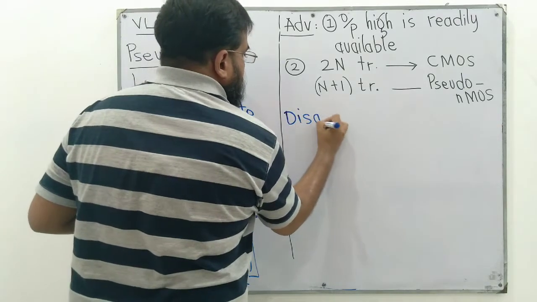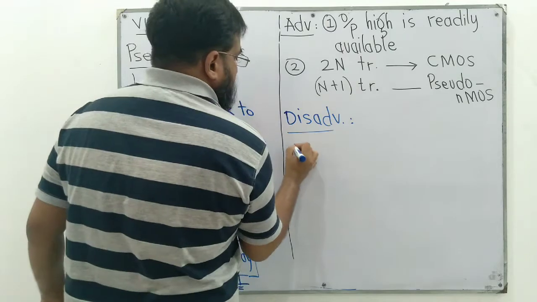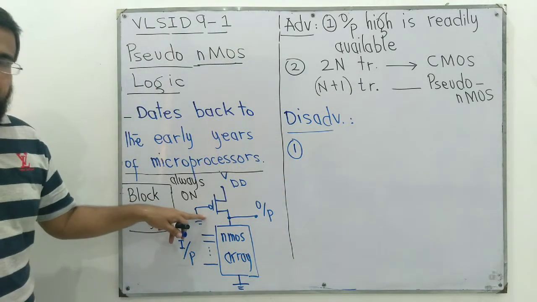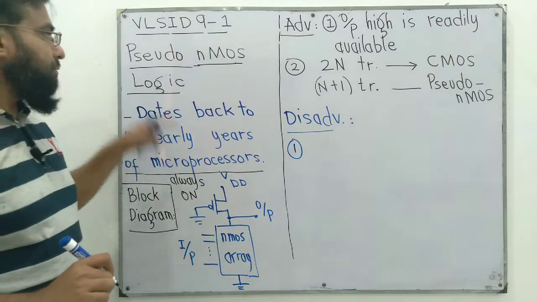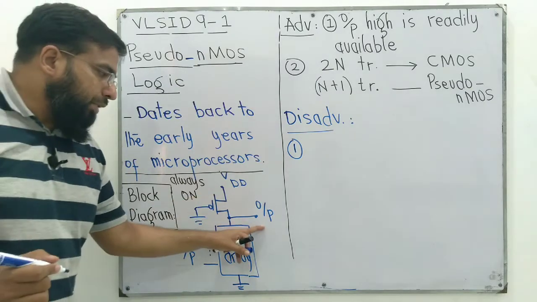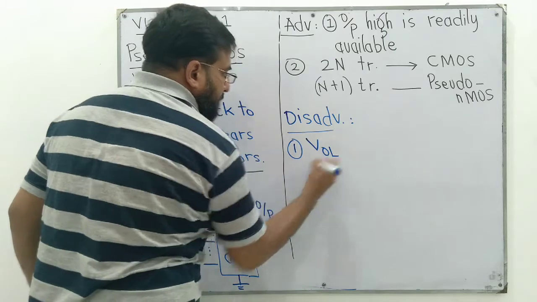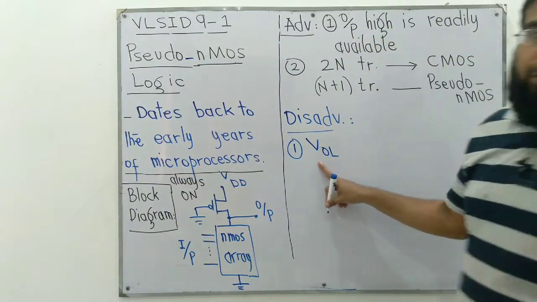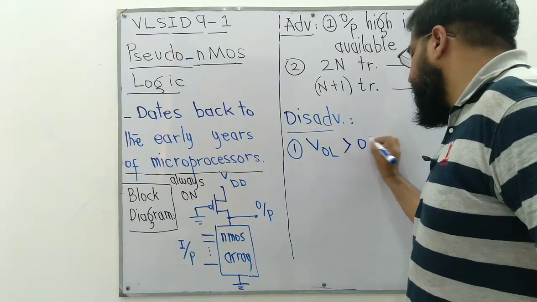comes with some disadvantages. The first disadvantage is that the PMOS array, which consists of only one transistor in the case of pseudo-nMOS, is always on. This means VOL, the output logic voltage low, the actual voltage in volts when the output is low, is greater than 0 volts.